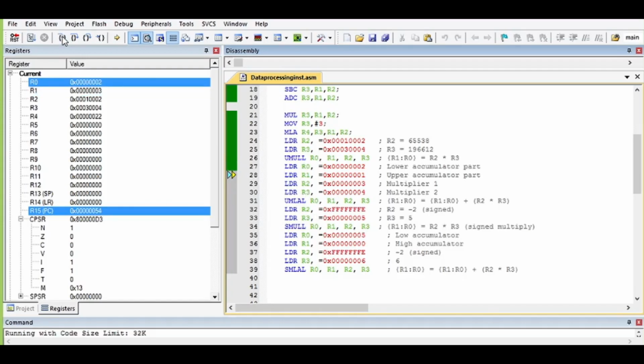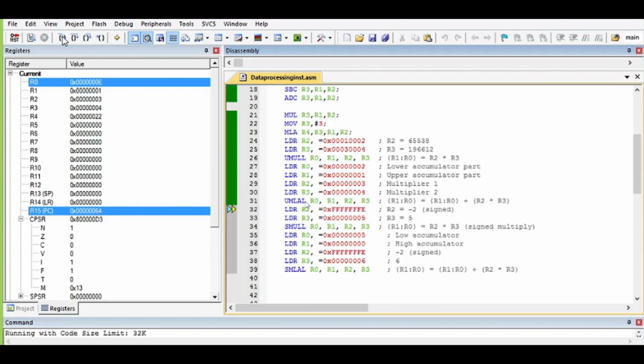So here we are loading all the required values into R0, R1, R2, R3, and we are performing the required unsigned multiply accumulate long. The result is stored in registers R0 and R1. The higher 32 bits will be stored in R1 and the lower 32 bits in R0.